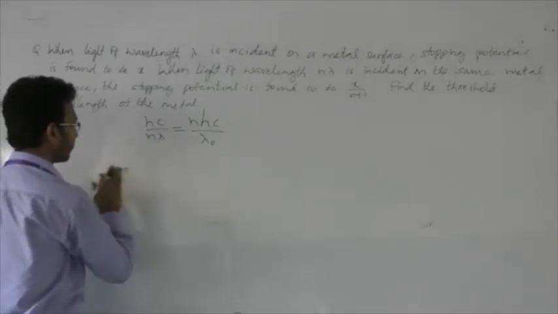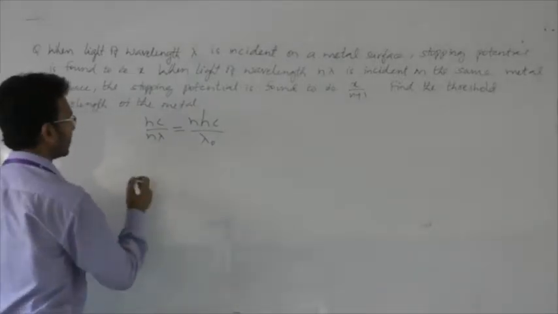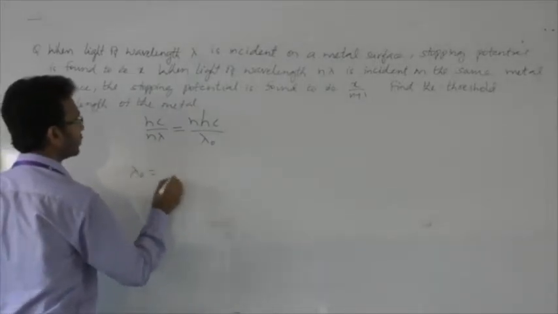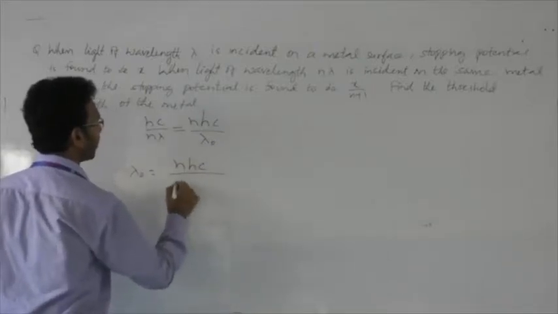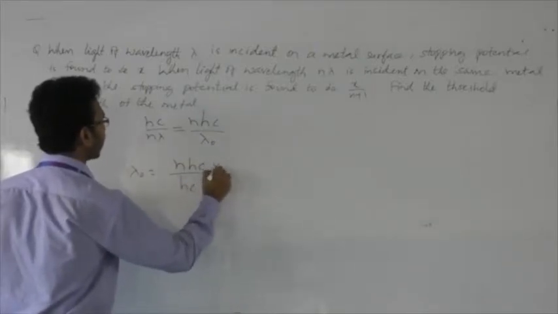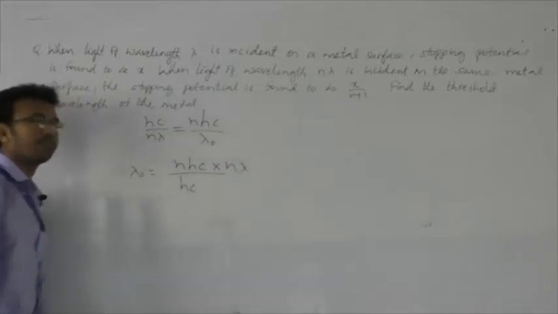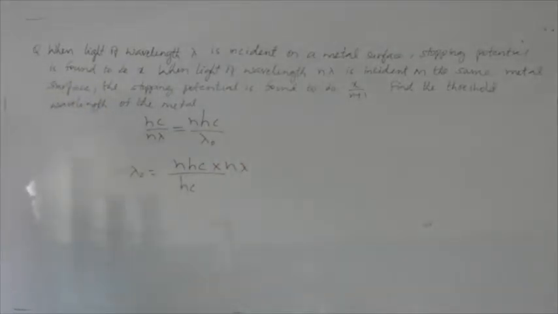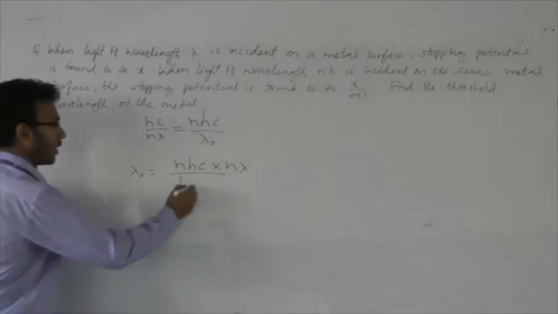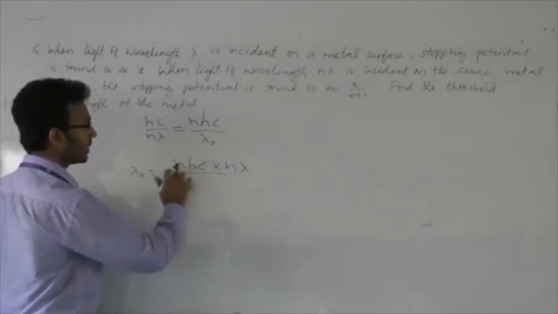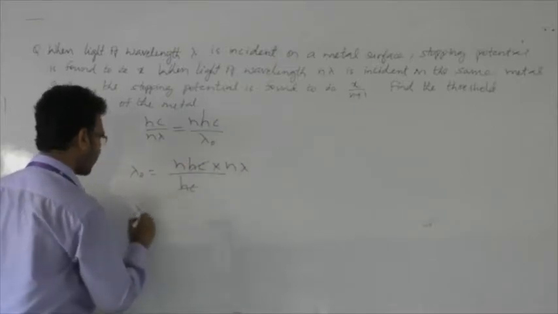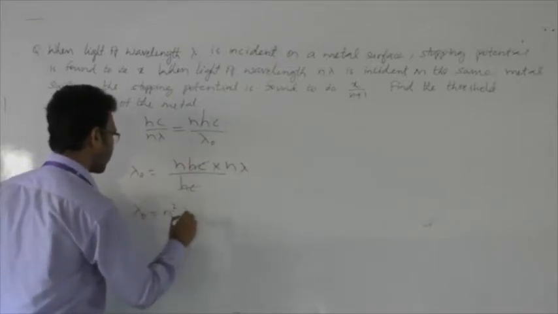Take lambda naught on one side. So lambda naught equals nhc divided by hc into n lambda, right? So hc I can cancel. Therefore the remaining terms are n into n lambda. Therefore lambda naught is n square lambda.